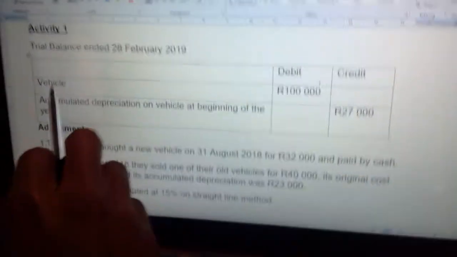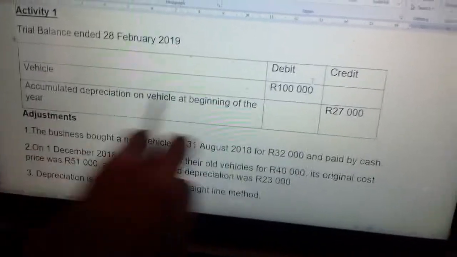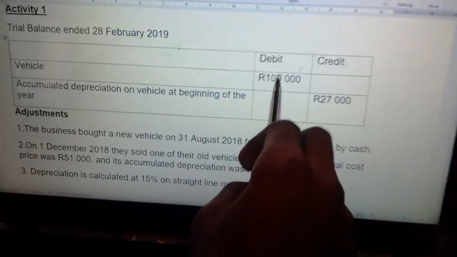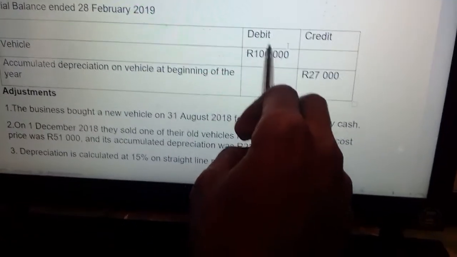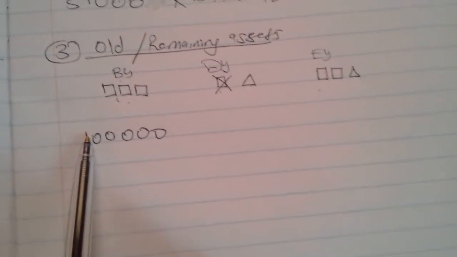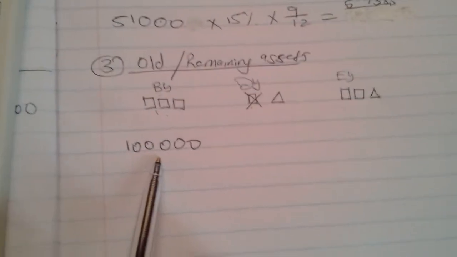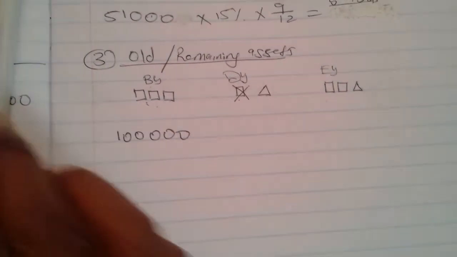In our example, we have been given vehicles of 100,000 at the end of the year. It means the cost of the vehicles at the end of the year was 100,000. Inside this 100,000, it means this is the balance at the end of the financial year.